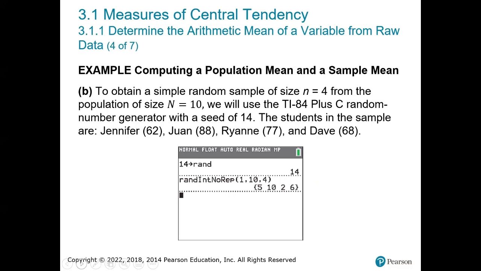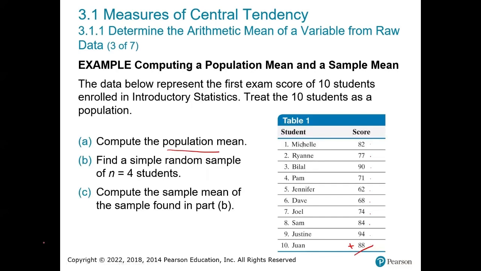I used my TI-84 to give me a random sample of 4 numbers from the values 1 to 10, and the values it spit out were 5, 10, 2, and 6. So I go here: 5, 10, 2, and 6. Those are the scores I'm going to use: 77, 62, 68, and 88.